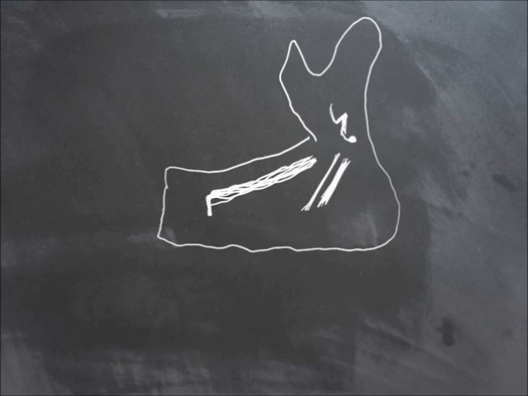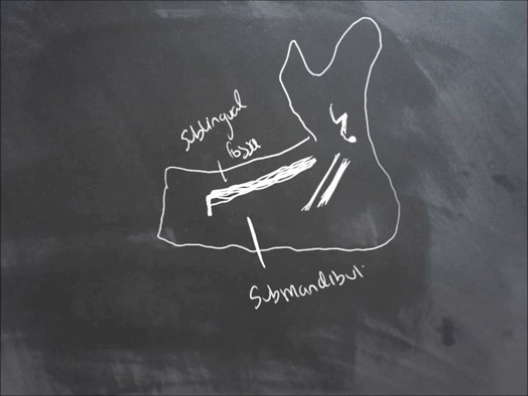Above the mylohyoid line is the sublingual fossa. Below the mylohyoid line is the submandibular fossa. Above the line, sublingual. Below the line, submandibular.